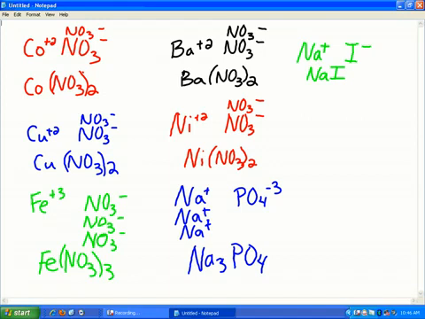Then the next one was sodium sulfate. Now again, we have the sodium ion, which is a +1, first column on the periodic table. The sulfate ion is always SO4 with a -2 charge. Now that's in your ion list again. Notice those do not evenly cancel, so I would need a second sodium ion.